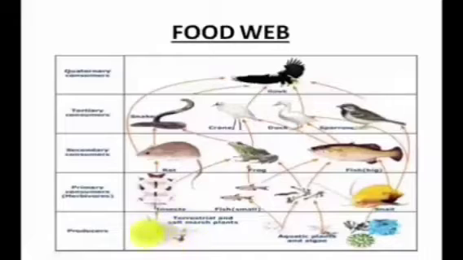The producers are plants, as the arrow is showing, and the primary consumers are the herbivorous animals, the secondary consumers are labeled by the rats, and the tertiary consumers are labeled by the snake, as you're seeing, and the quaternary consumers, as you're seeing, are the eagle or other flying birds or mammals.